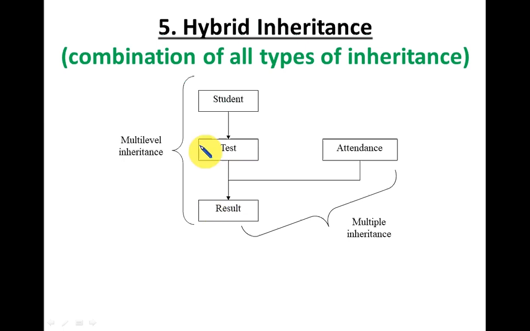So this is multi-level. Whereas for this result there are two superclasses, namely the test class and the attendance class. So this is multiple inheritance. Here we are combining both multi-level and multiple inheritance. So this is an example for hybrid inheritance.